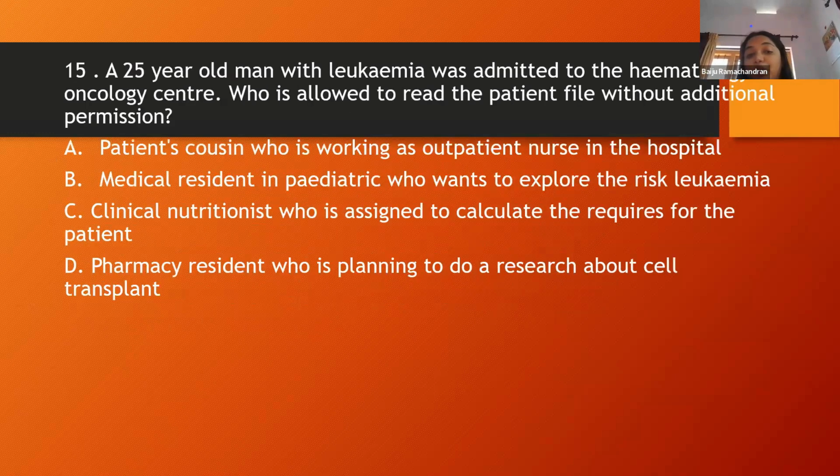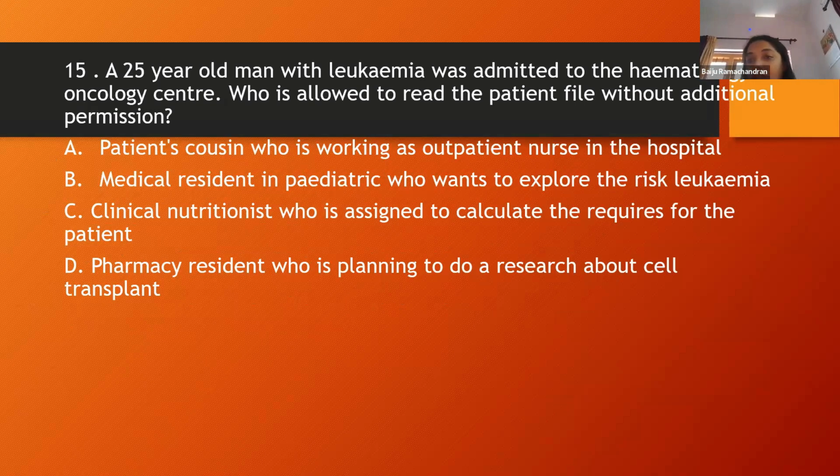When we check all the other options, one is the patient's cousin. Even though she is working as a nurse in an outpatient facility, she is not directly involved in that patient's welfare. So she can check, but she needs permission. The second one is the medical resident in pediatrics. She is working in the pediatrics department, and even though she is checking for leukemia risk, she needs permission.